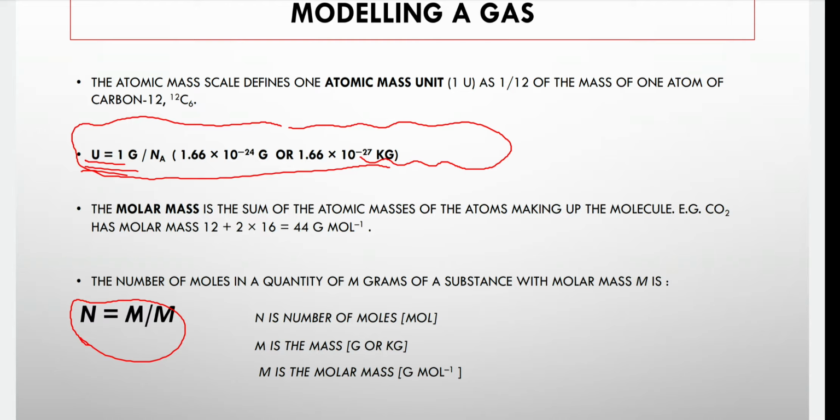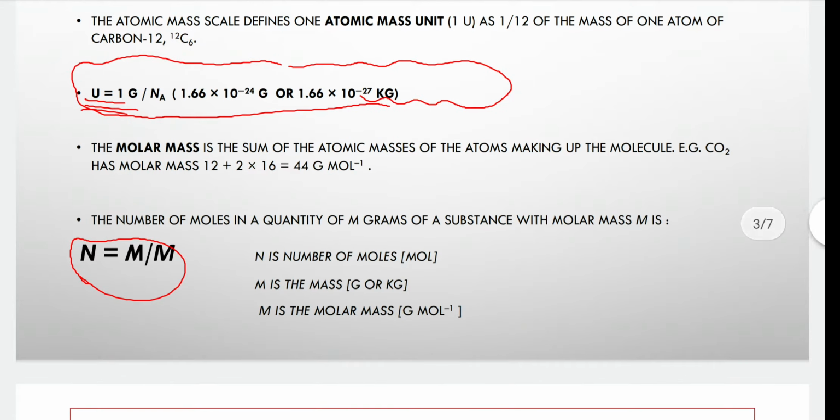One atomic mass unit equals 1 over 12 of the mass of a carbon 12 atom. So we are using the carbon atom as a standard for comparison between any atom and the carbon atom. The molar mass of any compound is the sum of the atomic masses of the atoms making up the molecule.